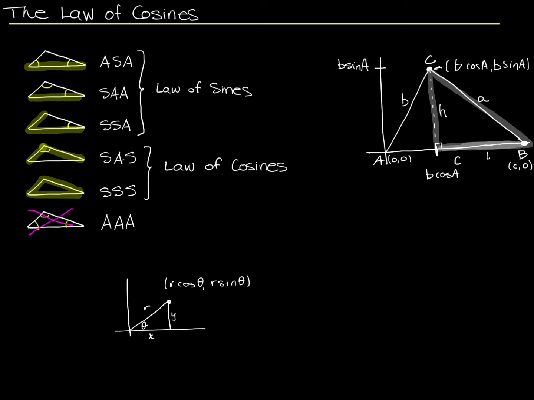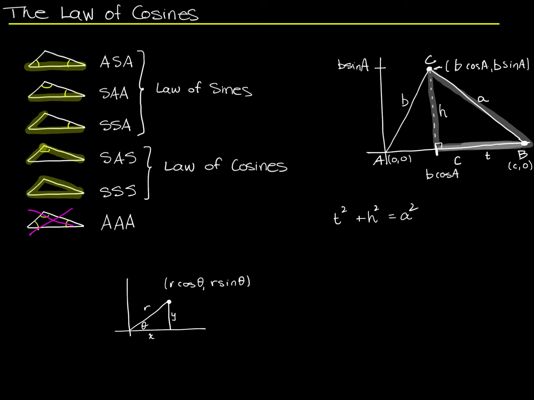I'm just going to call it t. It's just temporary. I want to do that because I want to make the point that because this is a right triangle, I can write t squared plus h squared equals a squared. Now, t I can think of as the x-coordinate c. This is a length, right? So the x-coordinate c minus the x-coordinate b times the cosine of A.